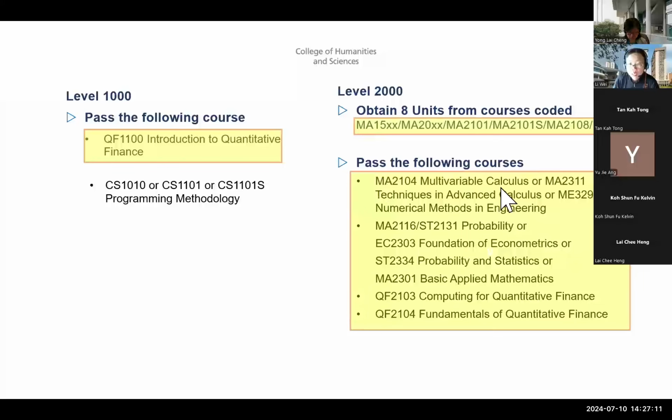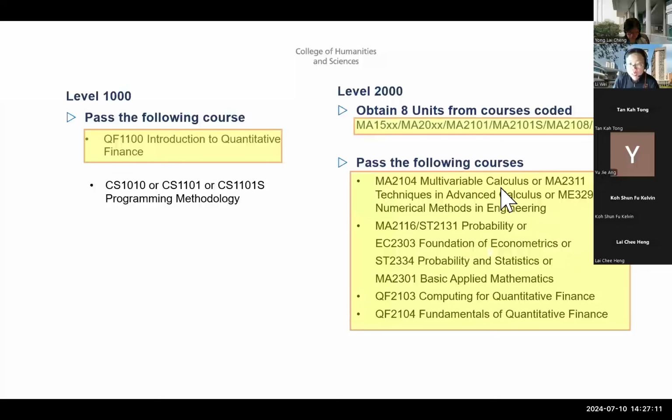Or from stats, ST 2334, or you use 2301. These are the foundations: calculus and probability. And after that, the 2 QF courses, QF 2103 and QF 2104.